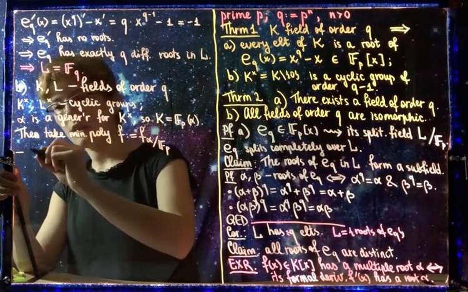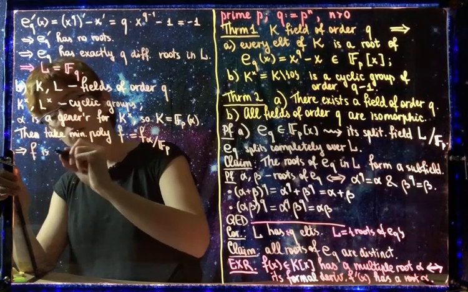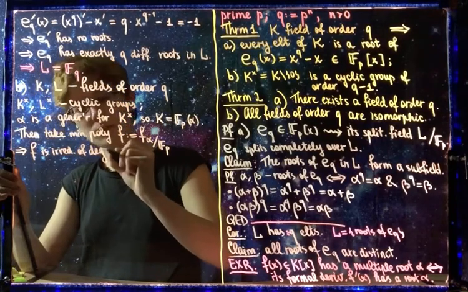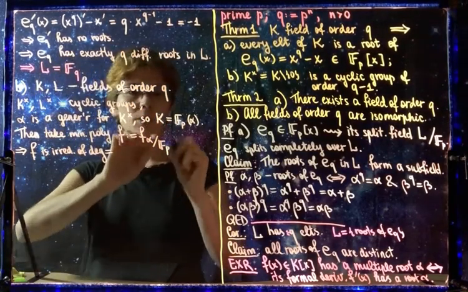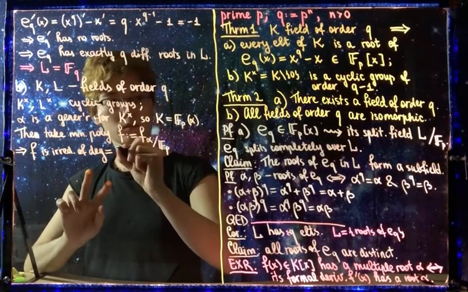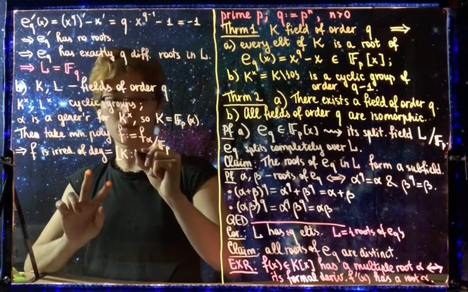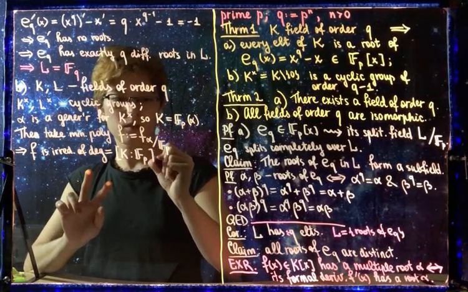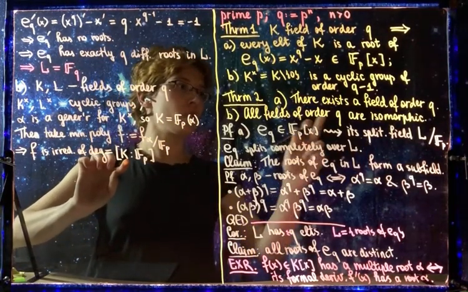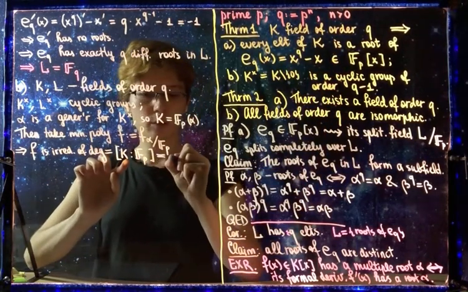And this is an irreducible polynomial of degree equal to the degree of this field extension K over Fp. So we know that K has order q, and q is p to the power n, so the degree must be equal to n.